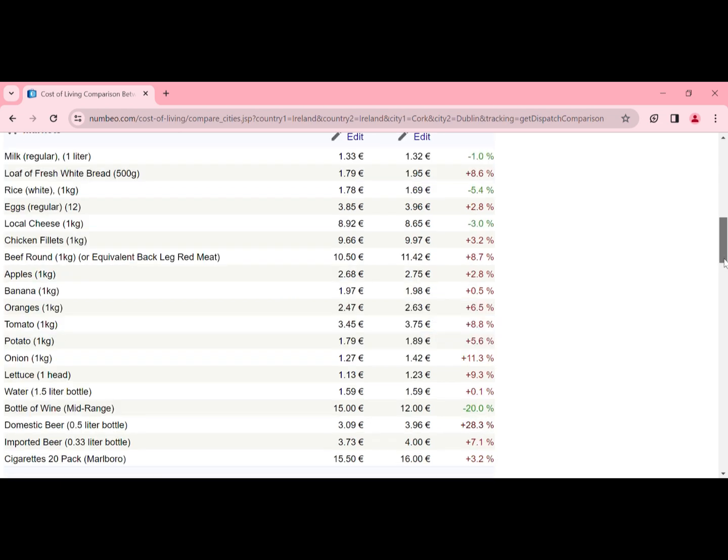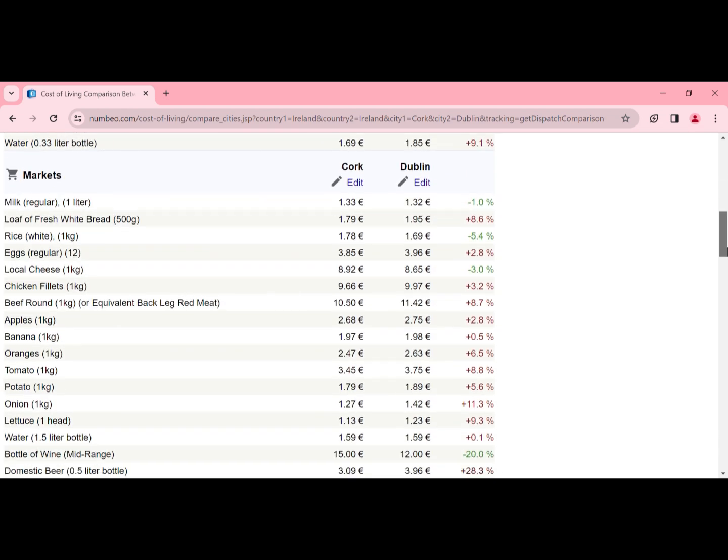So it gives you the breakdown of basically everything. When it comes to milk, 1 liter in Cork is 1.33, then Dublin is 1.32, so Cork is more expensive when it comes to milk. And then a loaf of fresh white bread, 500 gram, we have 1.79 in Cork and then 1.95 in Dublin. We also have rice, which is less expensive in Dublin because it's 1.78 in Cork and then 1.6 in Dublin.